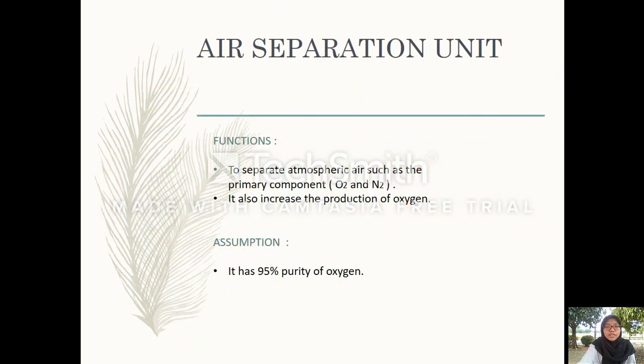For the air separation unit, the function is to separate atmospheric air into its primary components. In this project, the primary components of the air are oxygen and nitrogen, and the function is also to increase the production of oxygen. In my unit, my assumption is 95% purity of oxygen, which we get from the journal.